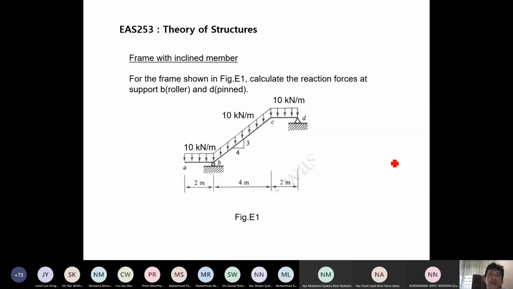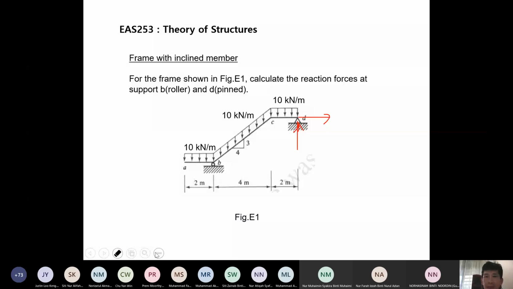So here we are going to use this example: when there's an incline, how do we consider forces acting on the inclined member? So calculate the reaction forces at support B, which is a roller, and support D, which is a pin. So at the pin here, if I draw a free body diagram, we have vertical and horizontal.